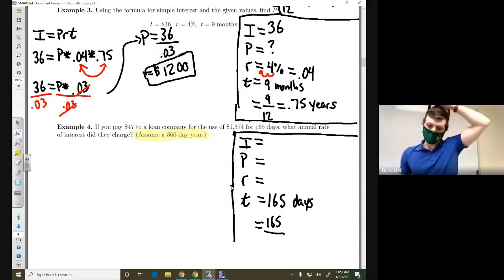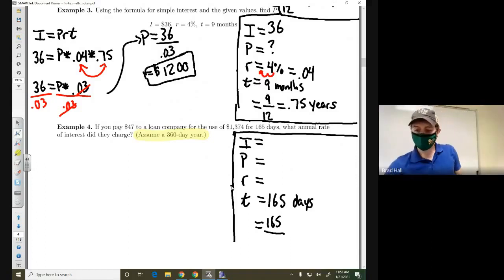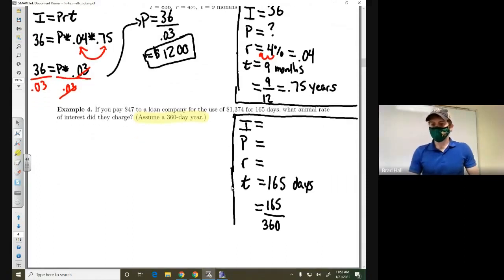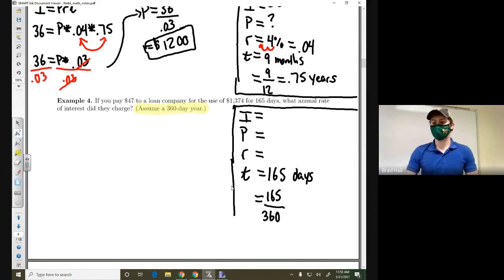But since they're forcing us to use 360 days in a year, that's what we're forced to divide by. It actually makes the computations look nicer if you stick to fractions, but we're going to use decimals.